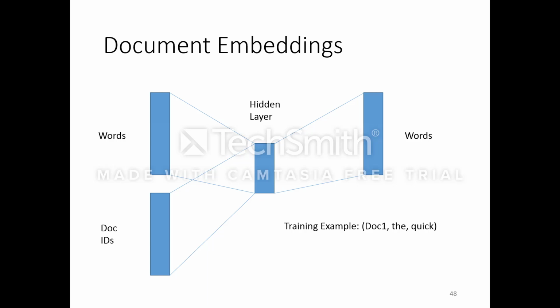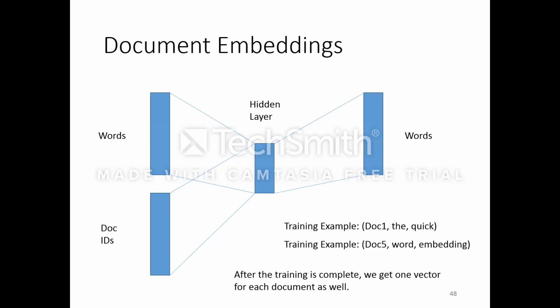Everything else would be 0. All of the other doc IDs would be 0, and you would set a one hot vector for the word nodes as well. And then you do the same training. So the training example from another document could be doc5 comma word comma embedding. So instead of training over word pairs, we're training over document, input word, output word triples.